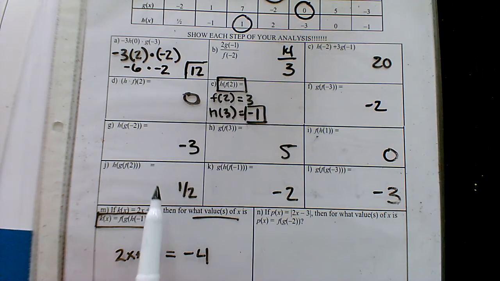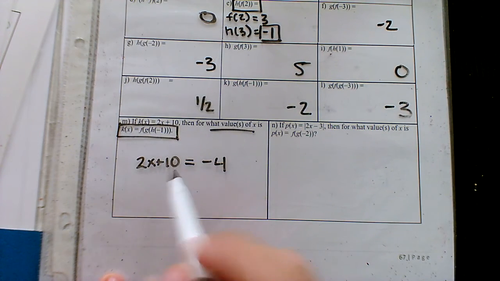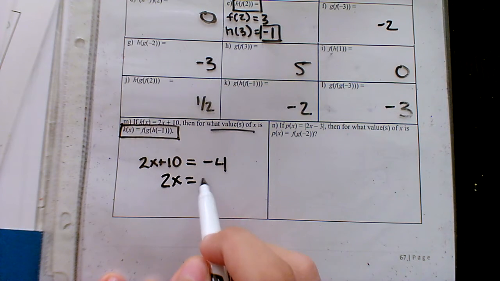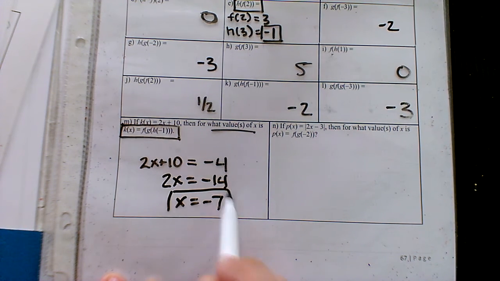That one was very similar to the J, K, and L that you did previously, where you had 3 of them to do. So there's our setup based off of this notation. We should be able to solve for x from there. We can subtract 10 and then divide by 2.